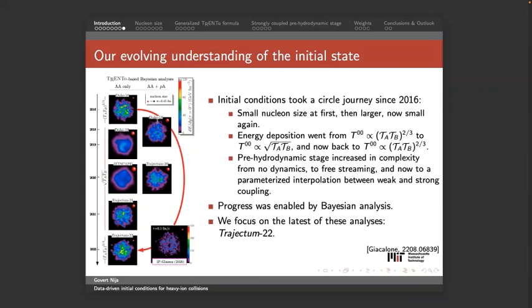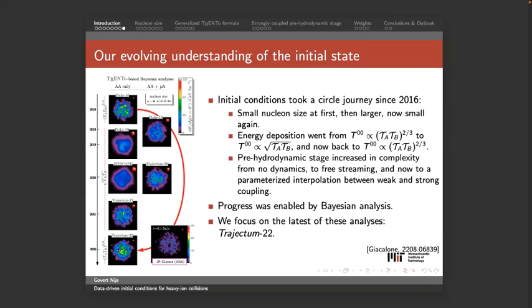And to compensate, the Bayesian analysis makes the nucleons larger, so as to decrease gradients, so that the mean pTs are correct. Likewise, this one has no initial pre-hydrodynamic stage whatsoever. This one introduces the free streaming, and here we increase the complexity yet again by interpolating between two different models.